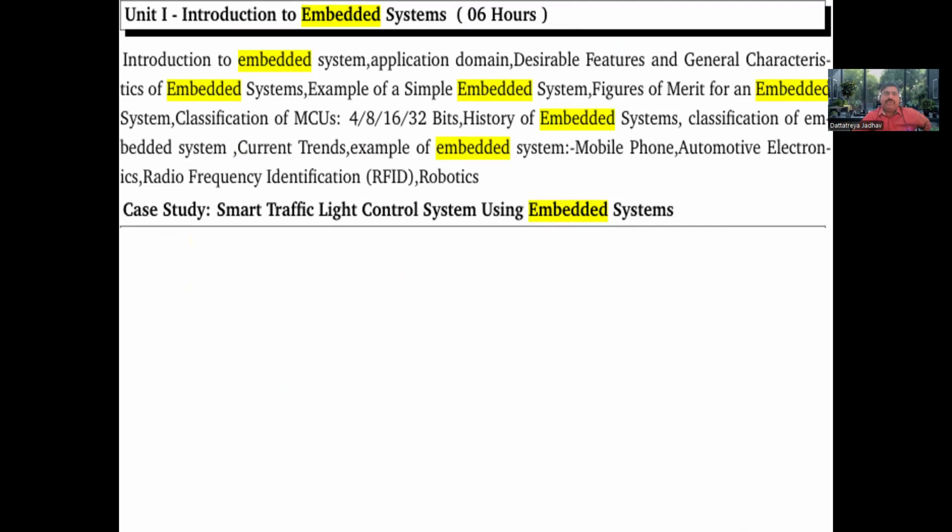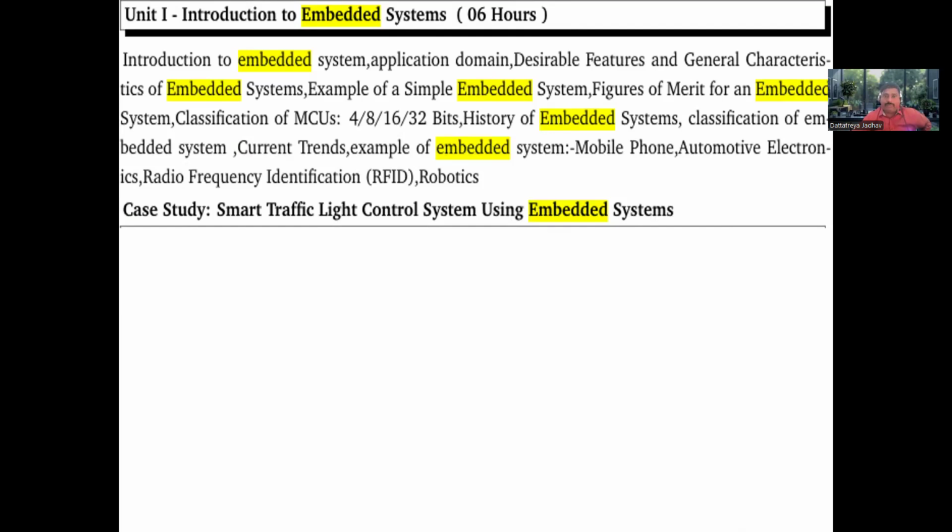So considering the first unit, it is related to a basic introduction of embedded systems, right? It introduces the embedded system concept, then their application domains, describes the features and general characteristics of embedded systems, some examples of embedded systems, then the figures of merit of embedded systems, then a classification of microcontrollers depending upon their capacity, that is 4-bit, 8-bit, 16-bit, and 32-bit. Then the history of embedded systems, then classification of embedded systems.